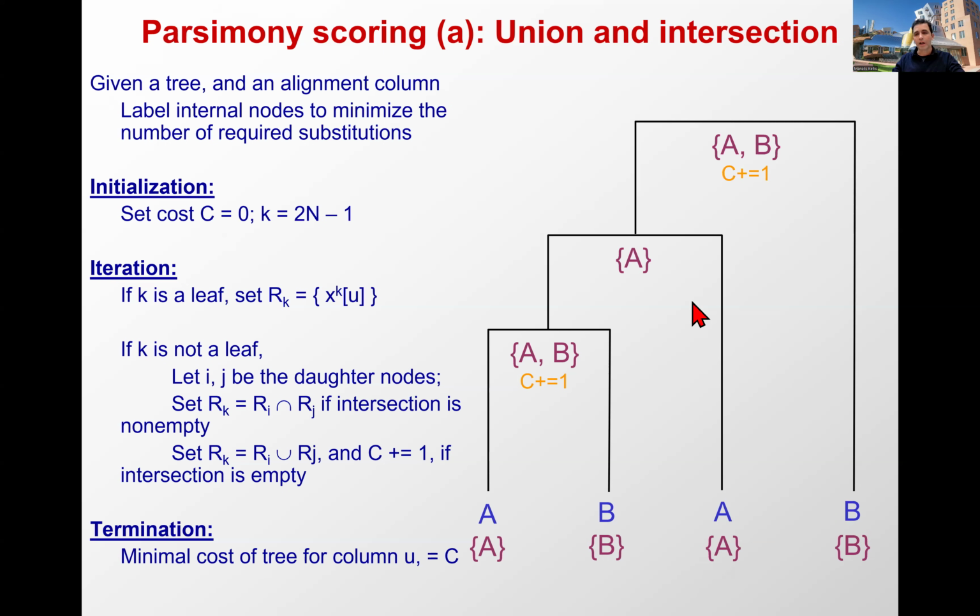And then if I have an A or a B here, then I'll take the union again. Is everybody with me here? So this is the simplest possible algorithm. If the intersection is empty, then I choose the union. If the intersection is not empty, then I choose the intersection. End of story.